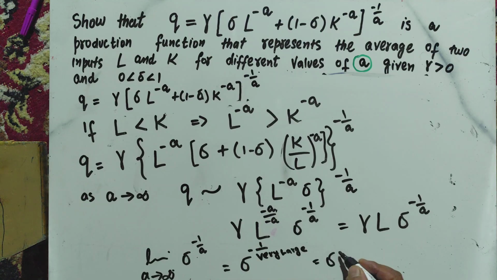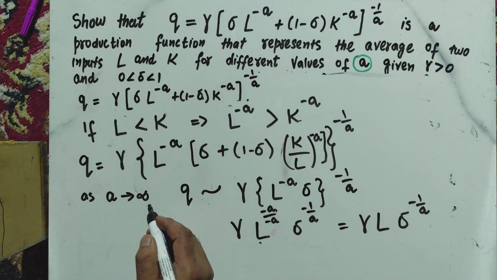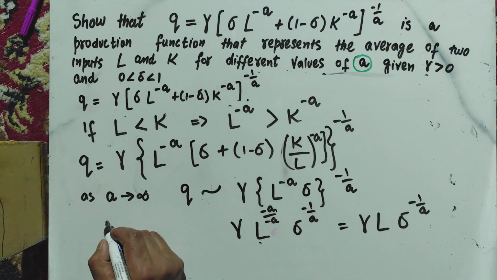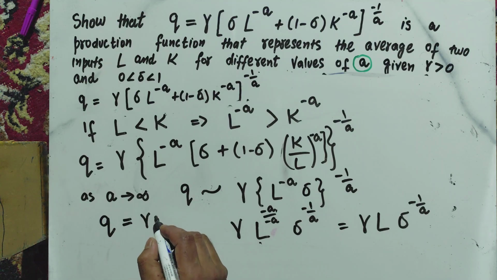So you will get delta raised to the power negative 0, which is equal to delta raised to 0. Anything raised to the power 0 is equal to 1. So what we got here is, as a approaches infinity, Q is equal to gamma L, because this is equal to 1.